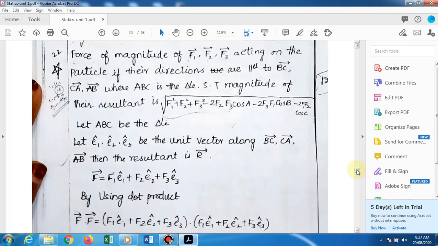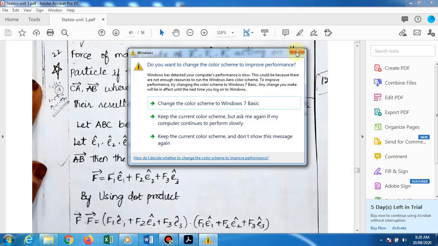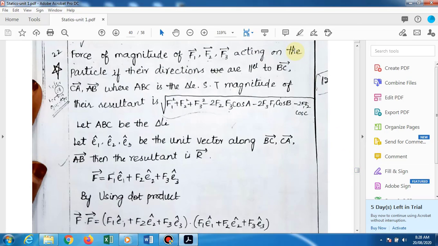The next problem is also important. Just see the question and you can understand what you have to do. Forces of magnitude F1, F2, F3 act on a particle, and their directions are parallel to BC, CA, AB, where ABC is a triangle.